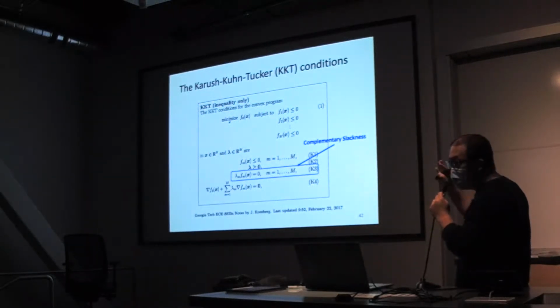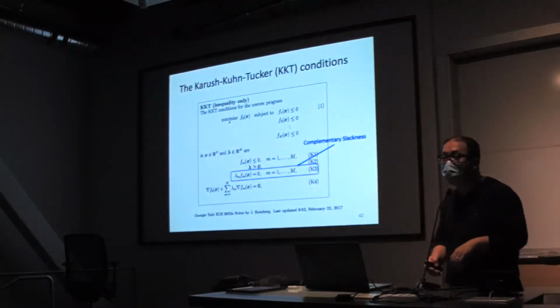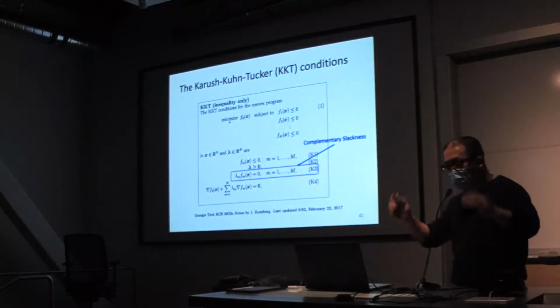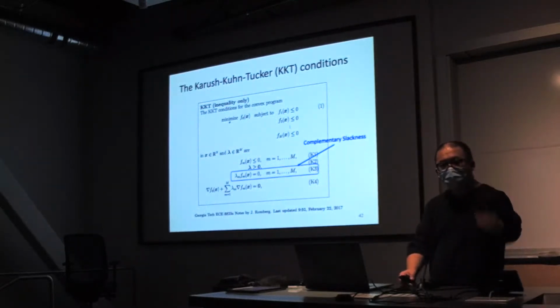But the reverse way does not hold in general, meaning that you cannot say if I am given the solution of this, there exists a corresponding Lagrange multiplier lambda where the pair of x and lambda satisfy the KKT conditions. They're only sufficient, not necessary. It's like, suppose you're given a function, right?